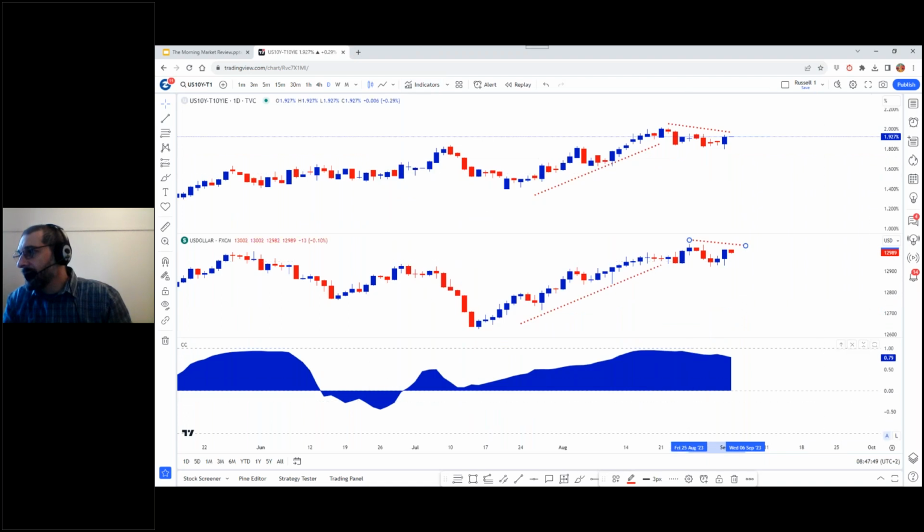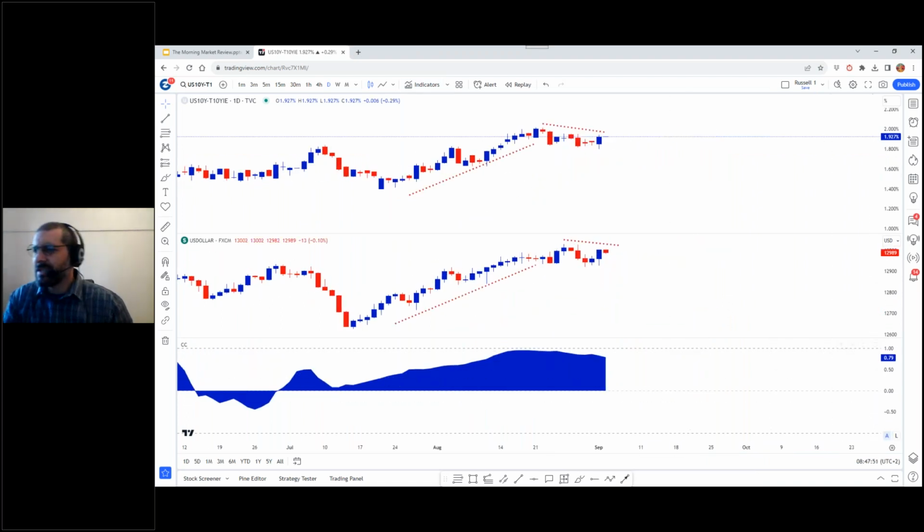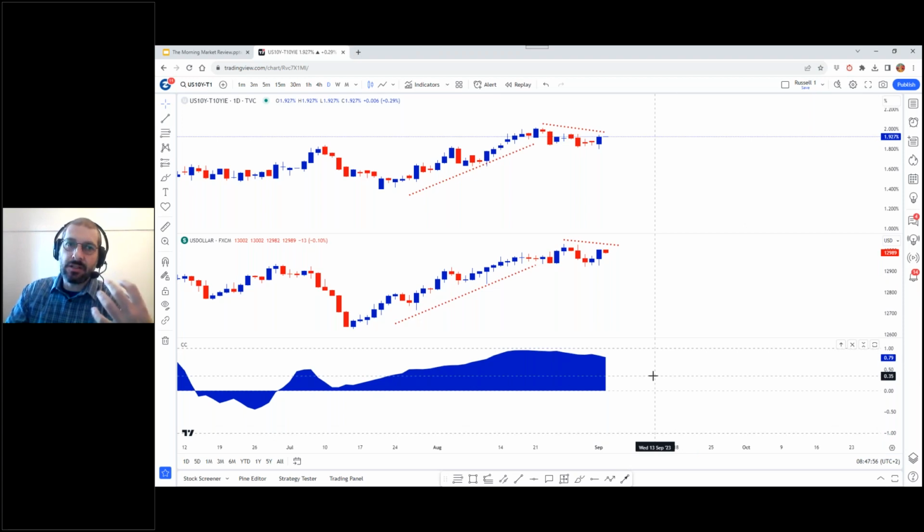And we're at a very strong 79%, so 80%. Basically what it's saying is that the FXCM US dollar basket and the real rate are 80% correlated. As one moves up, the other will move in the same direction.